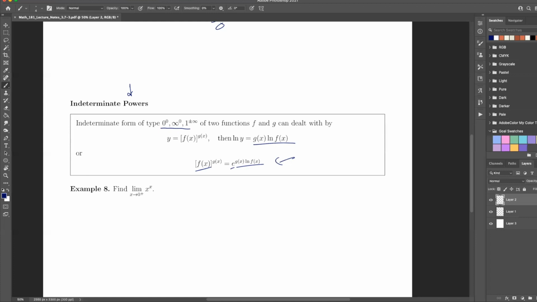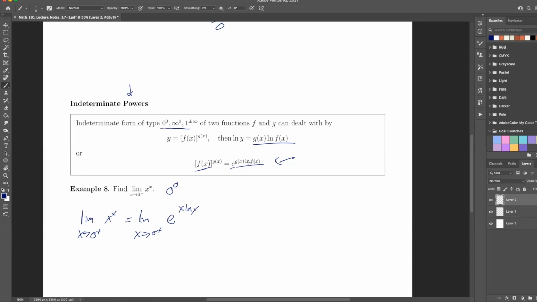All right, so here, if I plug in, what do I get? I get 0 raised to the 0 power. This is one of my indeterminate forms. Okay, so I'm going to rewrite this using this method. I'm going to say the limit as x approaches 0 plus of x to the x is the same thing as the limit as x approaches 0 plus of e to the x ln x.